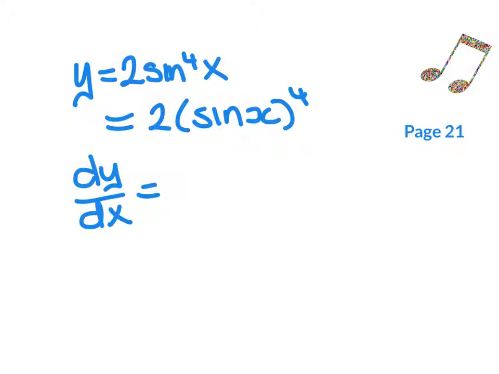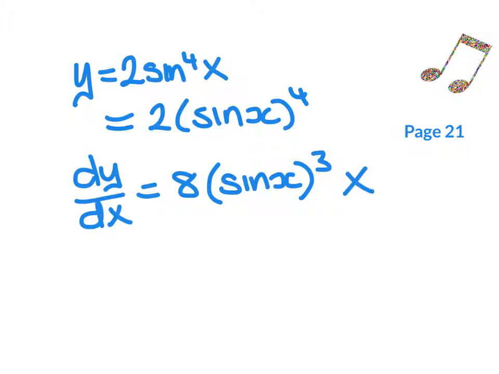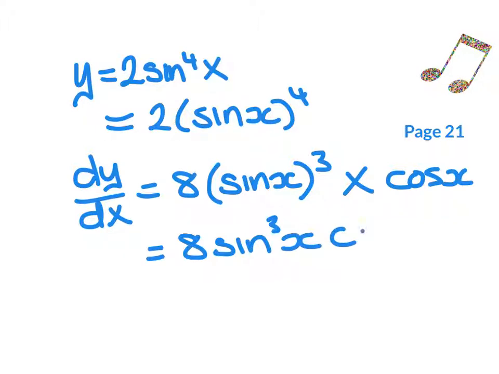I'm going to multiply by the power, so 4 times 2 is 8, leaving the brackets as they are, and reduce the power by 1, 3. Then I'm going to multiply by the derivative of what's inside the brackets. Derivative of sine x is cos x. So when I tidy this up, I'm going to have 8 times sine cubed x times cos x.